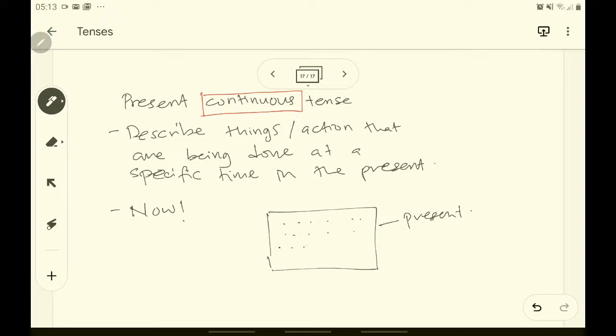We don't know which dot we are in, right? But as we are speaking now, we can be here, we can be here, but it is still specific, right? So that is why when we talk about something that we are doing right here, right now at this specific time, we are going to use present continuous tense.